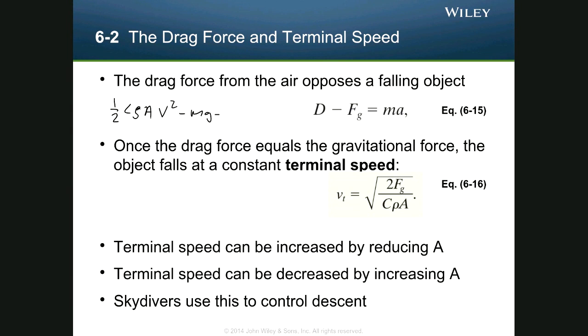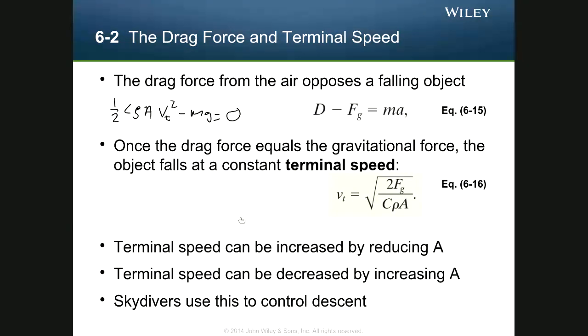So when this V is V terminal, we're going to call that 0. And then I think you'll see if you do the algebra, they keep the mg as Fg here, fine, whatever. But you will see that if you just solve for V terminal, you will get this expression here. Okay? And that will be your terminal speed.